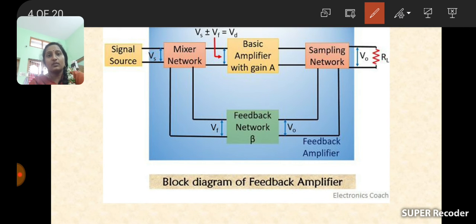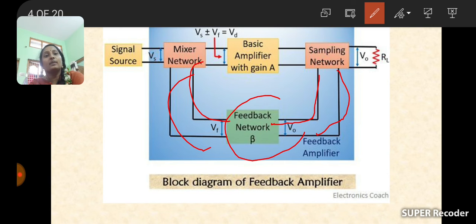Once more I would like to explain. See here, the input voltage must initially be applied to the amplifier having gain A. So now the amplifier will increase the strength of the signal and produce some output, and this output must be converted into samples. From the whole output, with the help of the sampling network, some samples are connected back to the mixture network through the feedback network.